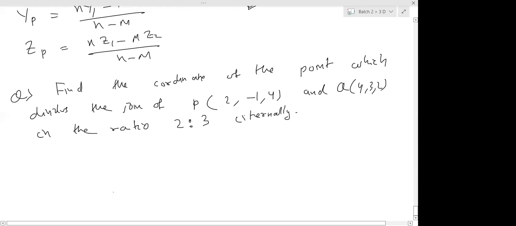All right, try to solve this. This is x1 y1 z1 x2 y2 z2. This is m and n. You just have to apply the formula, internal formula, right? Try to find the answers. All right.